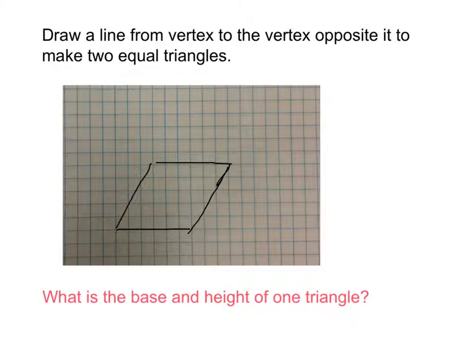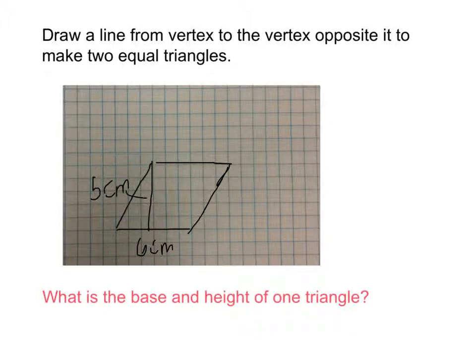Okay, so now we have the same parallelogram. Our base is still 6 centimeters, and our height is still 5 centimeters, right? Now, here's what I want you to do.